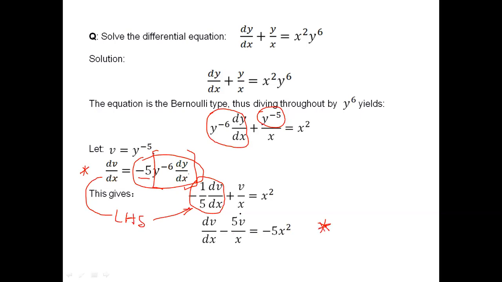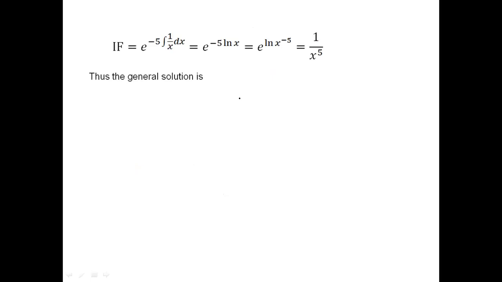You can solve using linear equation. Okay? So the integrating factor gives us 1 over x to the power 5. Then the general solution gives us v over x to the power 5 is equal to negative 5, the integral of the product of x squared and 1 over x to the power 5 with respect to x plus k.